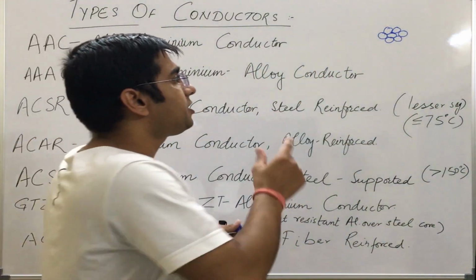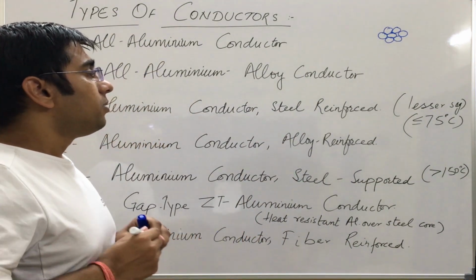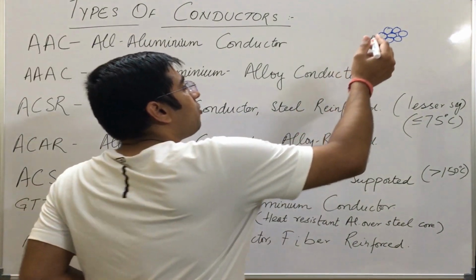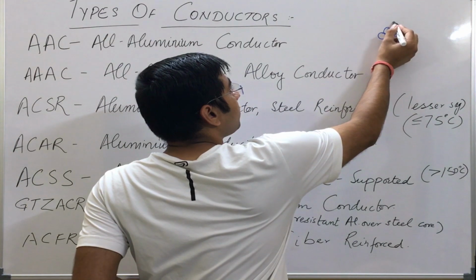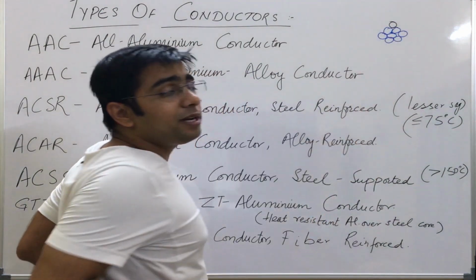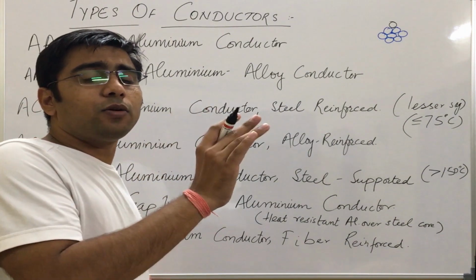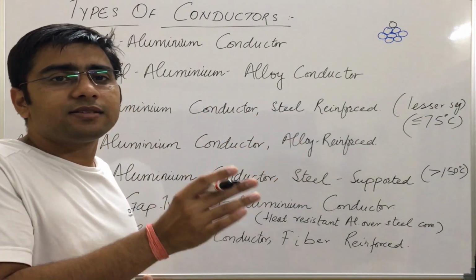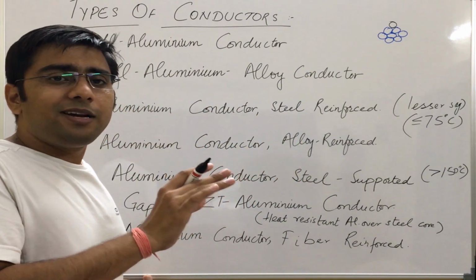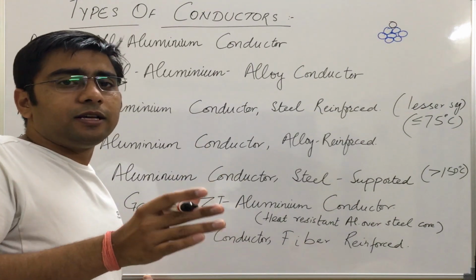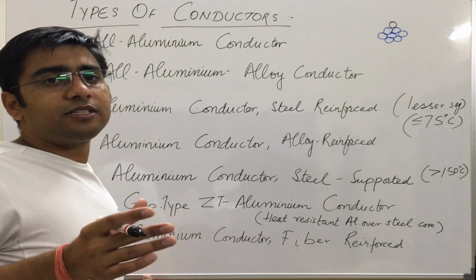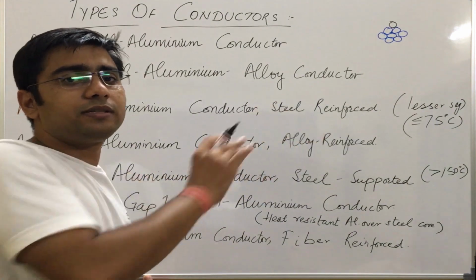It is made of steel. Now the aluminum strands will come over it. The aluminum strands may or may not have the same diameter or radius as the central steel strands. It depends on the design of the conductor.